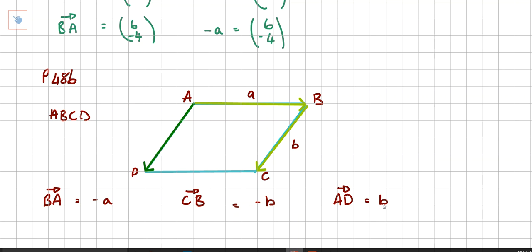The fact that it starts at a different place doesn't matter, because we know it's that since the shape is a parallelogram. So we know that A to D and B to C are the same length and they're parallel. And therefore, the final one, C to D, is negative A. Good, because we've gone the opposite direction.